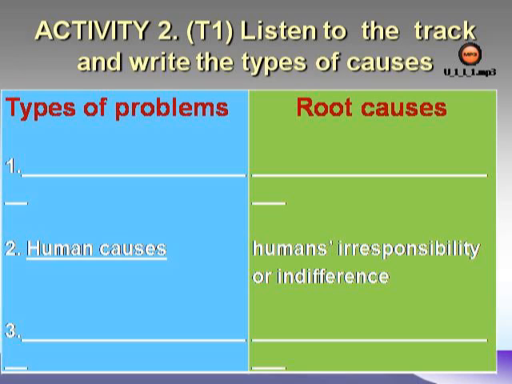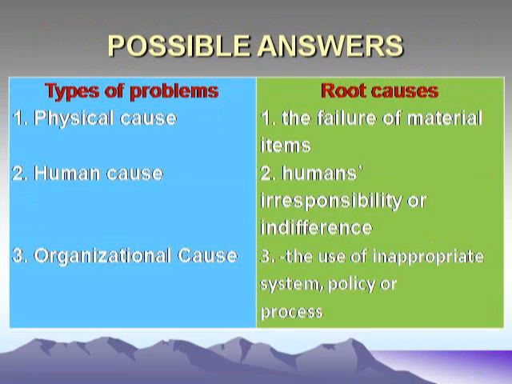So, you have listened to the tape about types of problems between student and professor. So if you have found the types of problems and their root causes, let's check your answers. Here are possible answers.